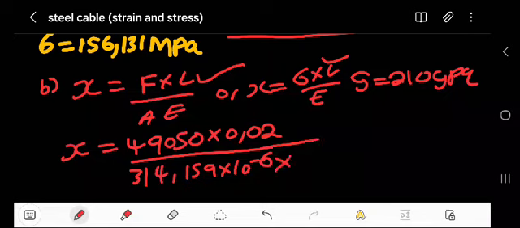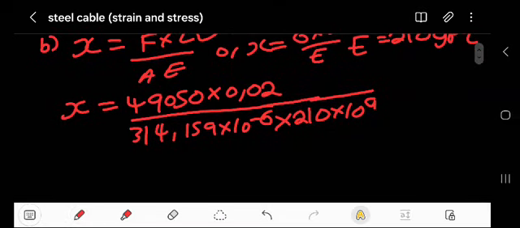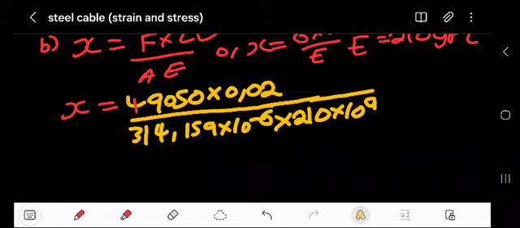Multiply again by the modulus of elasticity, which is E, 210 times 10 to the power of 9. Remember that is gigapascal. If you punch this in, you'll get this to be equal to your extension.